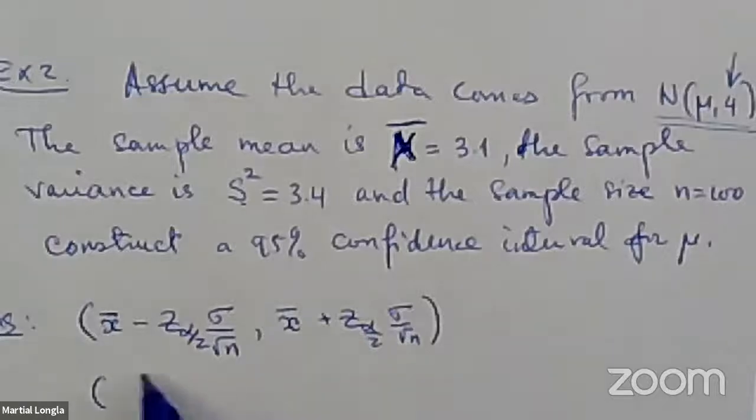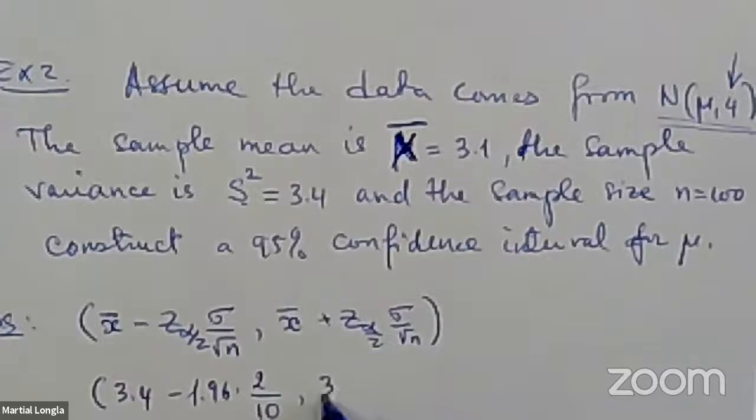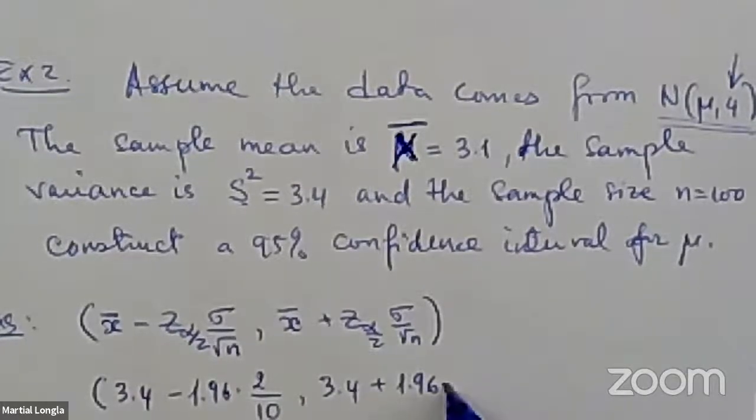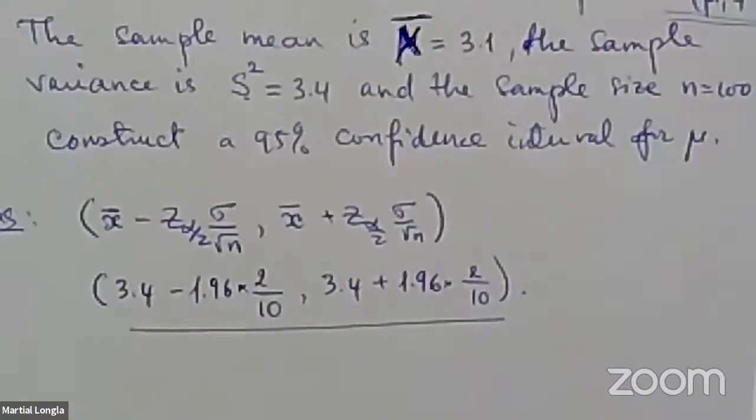You're not going to use it in the problem. And so here you're going to say that's 3.4 minus 1.96 times, variance is 2, over square root of 100, which is 10, and then 3.4 plus 1.96 times 2 over 10. That's it. Now, does that make sense?